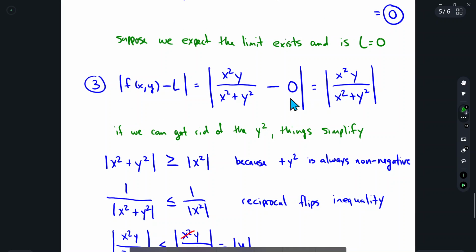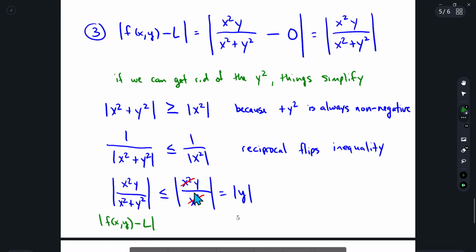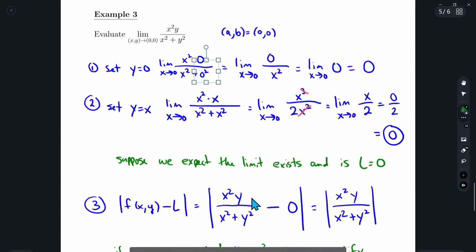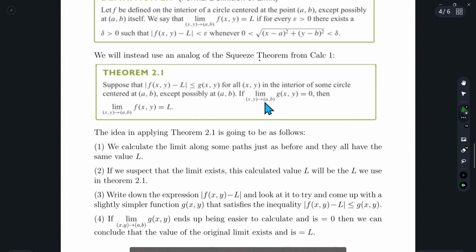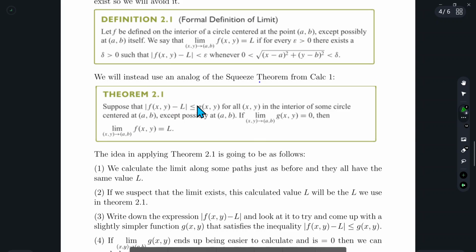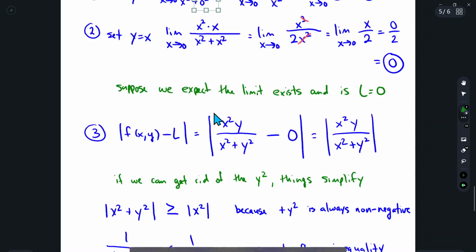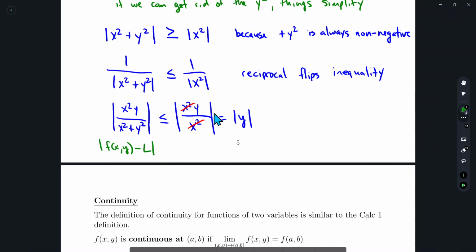So this expression was the f of x y minus L, and we're using this inequality to compare it to this function, and so that's exactly my g of x y.